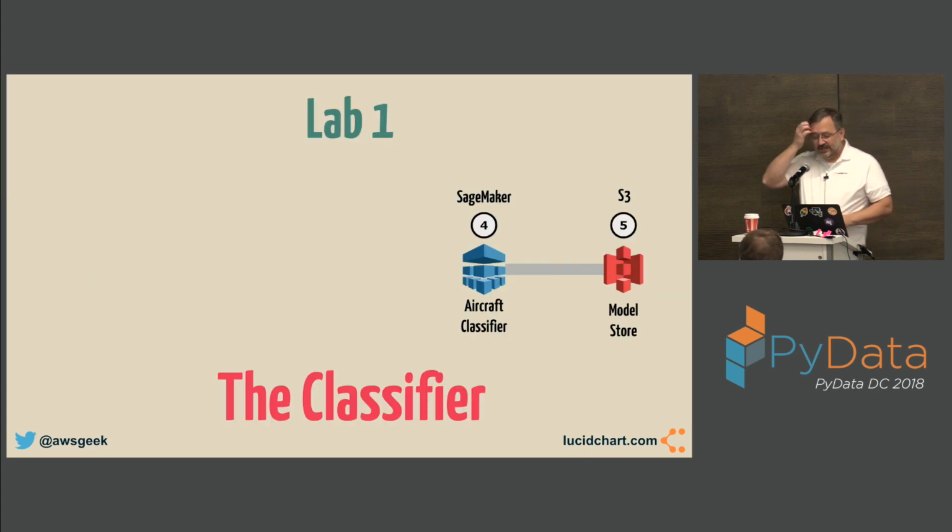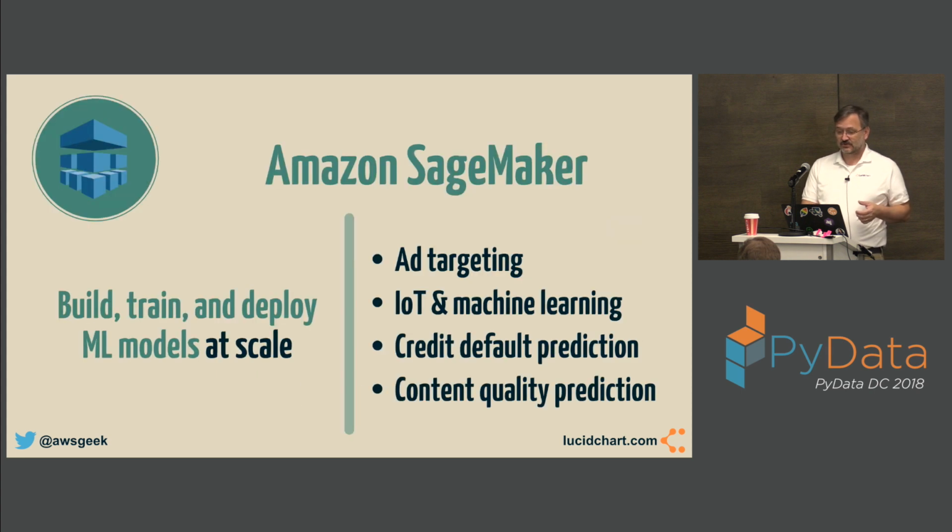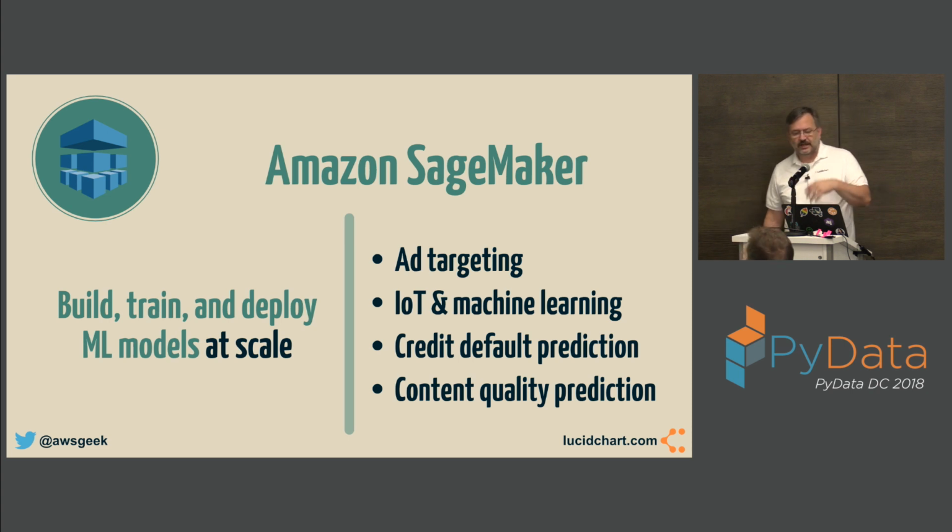So lab 1, this first section is building the actual classifier itself, and that's using Amazon SageMaker and S3. For those of you who haven't used SageMaker before, SageMaker gives you the ability to build machine learning models, to train them, and then to deploy them, and to do so at scale.